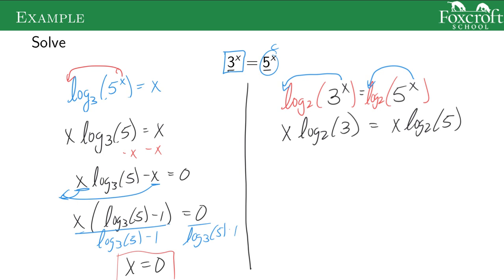And now I have to do the same thing I did in the previous example. I have to move the x's to the same side, so that I can then factor it out.